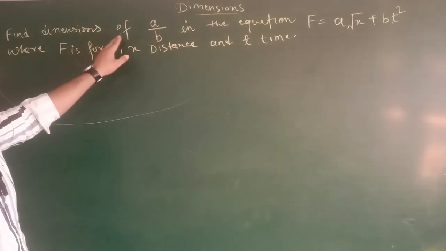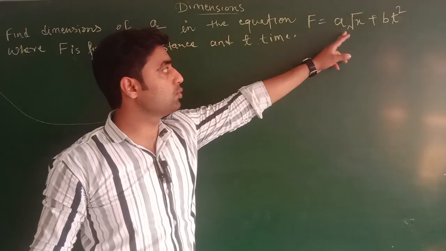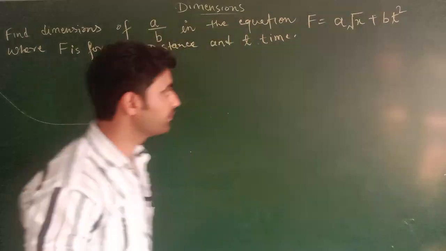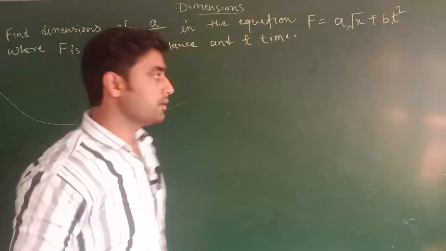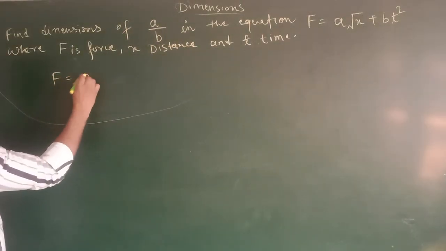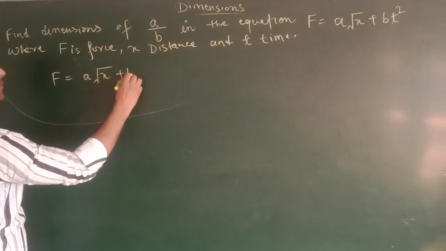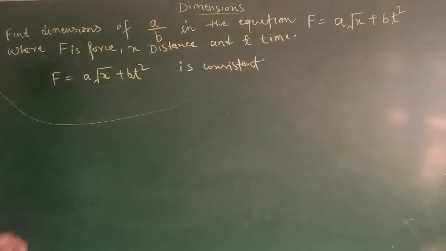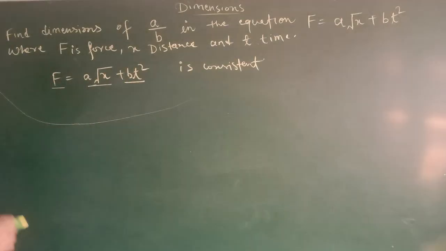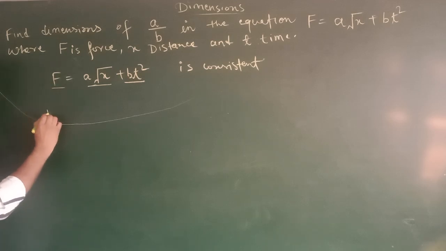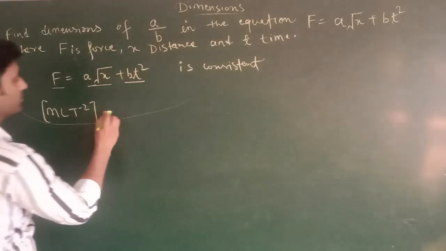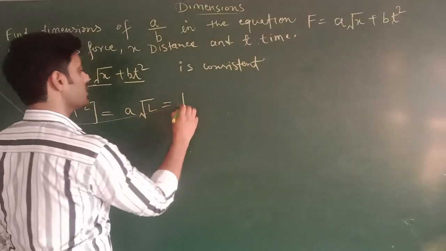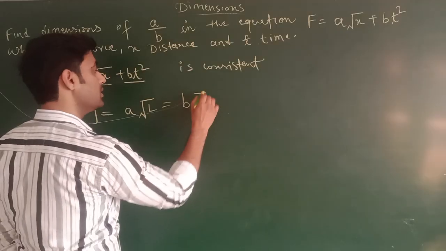I have a new question. Find the dimensions of a by b in the equation F equals a root x plus b t square, where F is force, x is distance, and t is time. If I suppose this given equation is consistent, then the dimensional formula of all the terms should be the same. So the dimensional formula of force is MLT^-2. The dimensional formula of A is unknown, and the dimensional formula of under root x is under root L, equals B into time, that is T square.